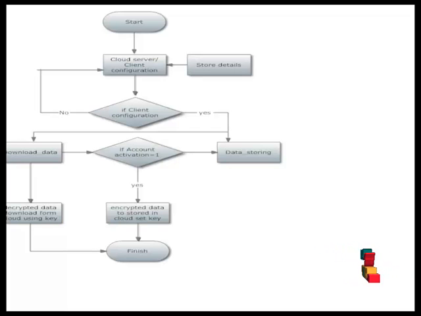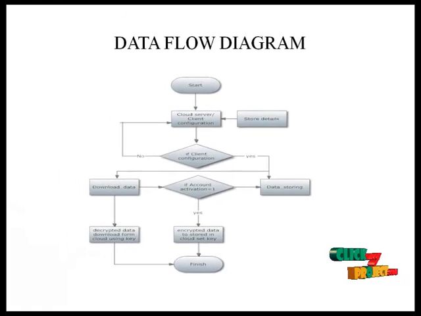If cloud configuration is successful, the data storing and downloading process will go successfully. If account activation is 1, the downloading process retrieves from the data store. After activation, the encrypted data is stored in the set of keys, and then the process finishes in the last step.